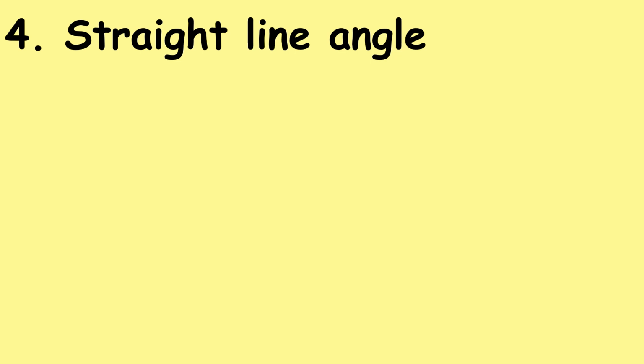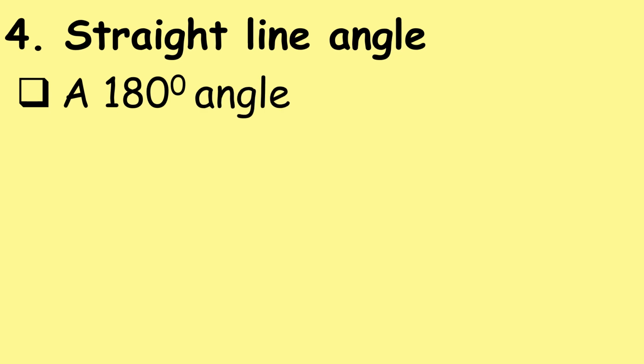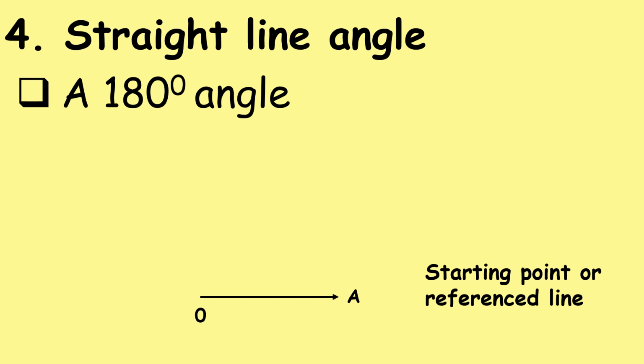So now we'll be looking at a straight line angle. A straight line angle is simply a 180-degree angle. That is, from your starting point OA, you go through 90 degrees and then you go through another 90 degrees, which makes 180 degrees, and that's a straight line.